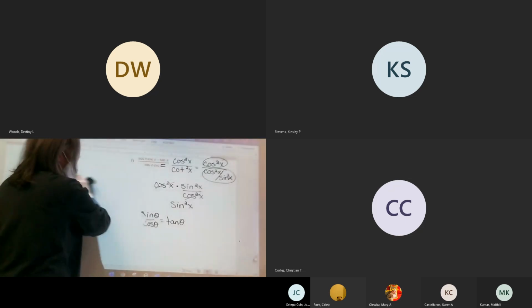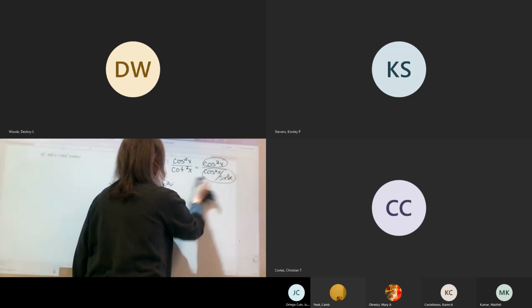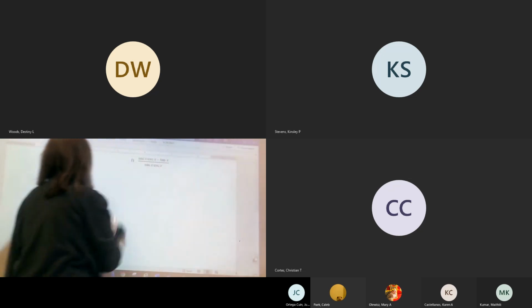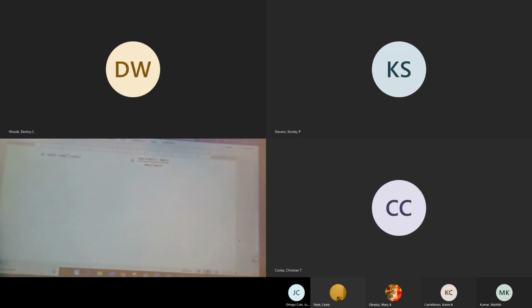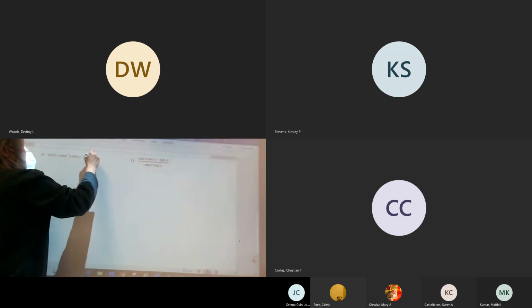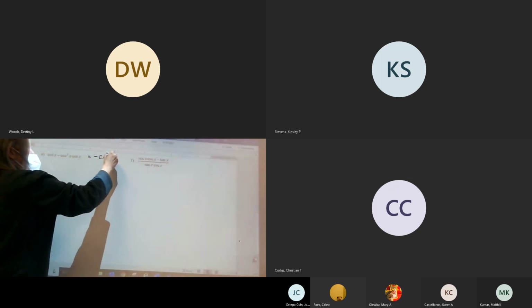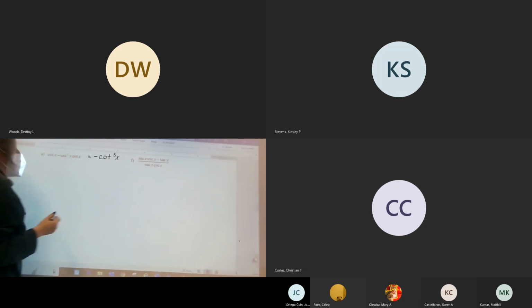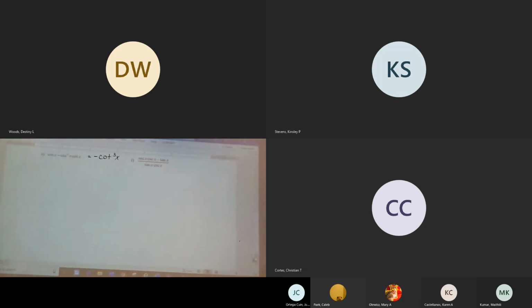There is one way which is short, and one way which is long. You will know that you have reached the end of the path when you find that your answer is negative cotangent cubed x. All right, so you will know that you got to the finish line when you get there.